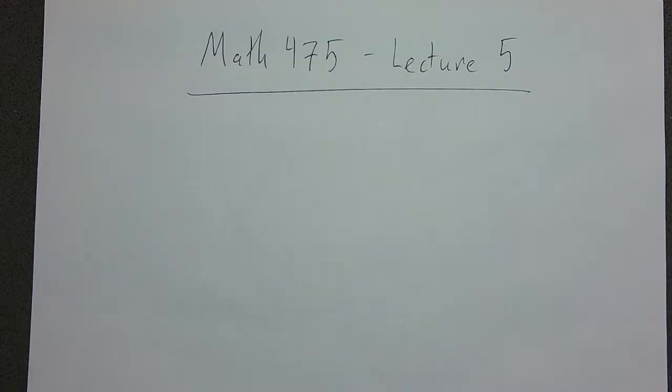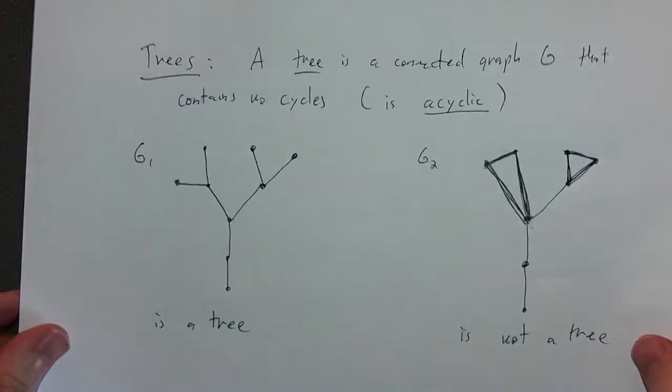what I stopped with discussing last time was trees. So I gave a very basic definition of a tree. We'll see that there are, in fact, other ways to define trees, but they're all equivalent to this way.